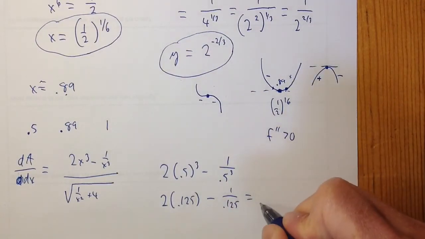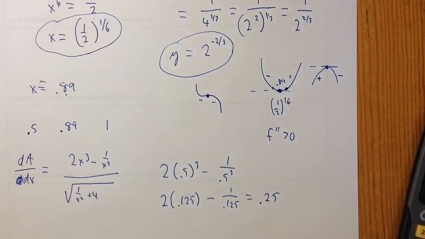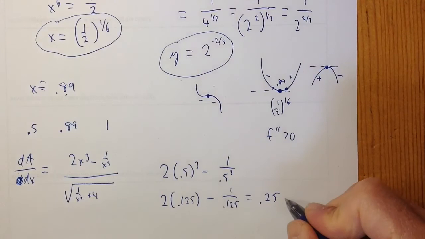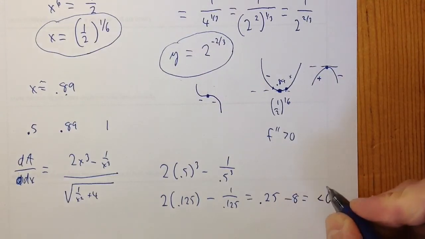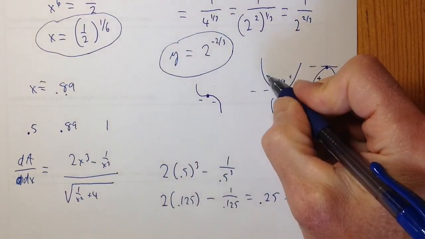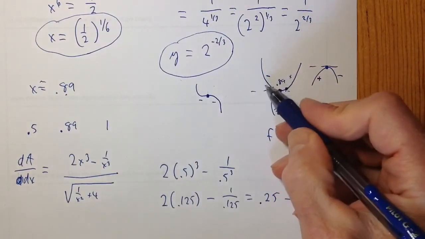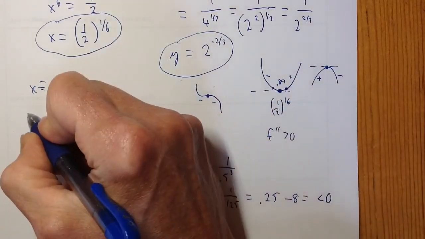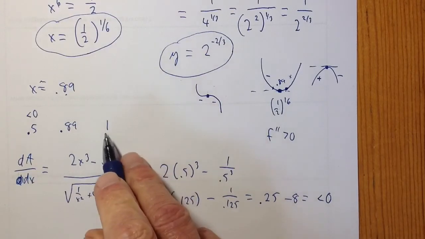That's 0.25. And 1 over 0.125 is 8, so the result is clearly negative, less than 0, which is good. That's what we want. For a minimum, we have to have the slope on the left side, at 0.5, less than 0. So this side here is less than 0. So that's good.